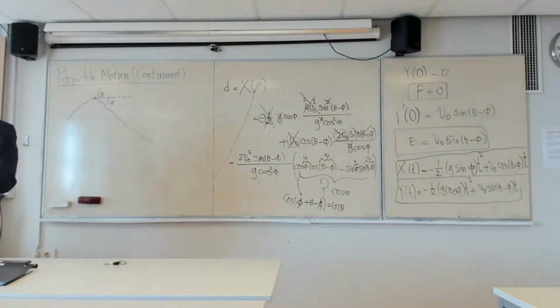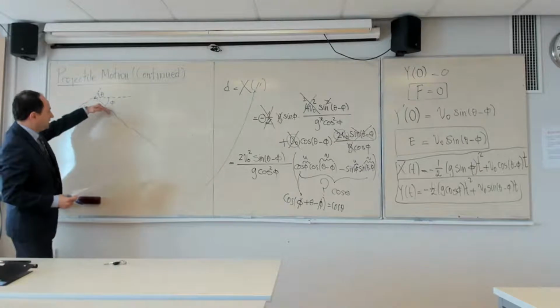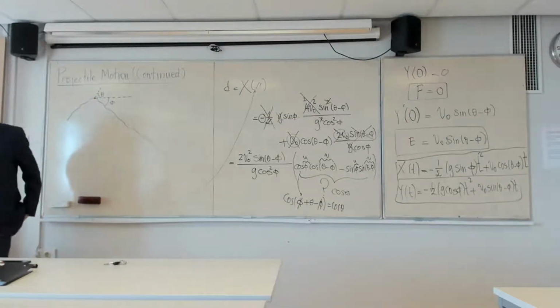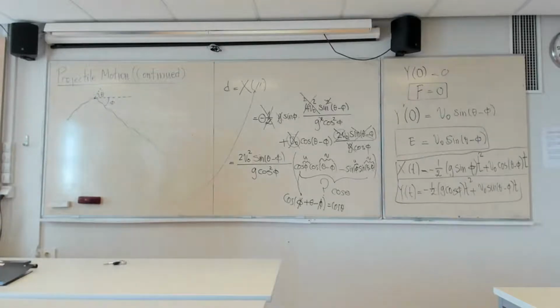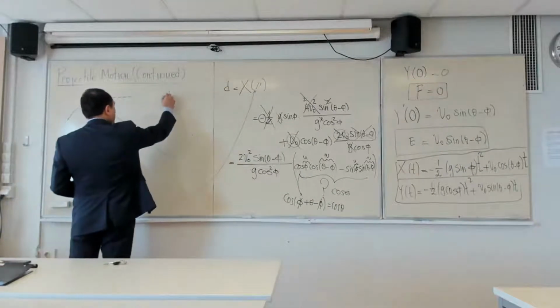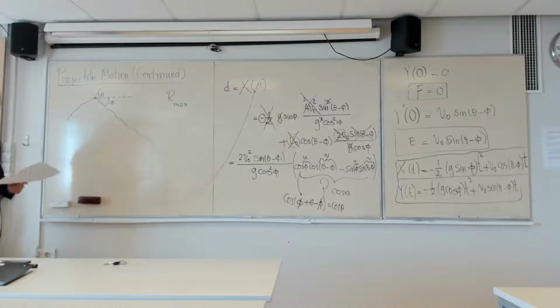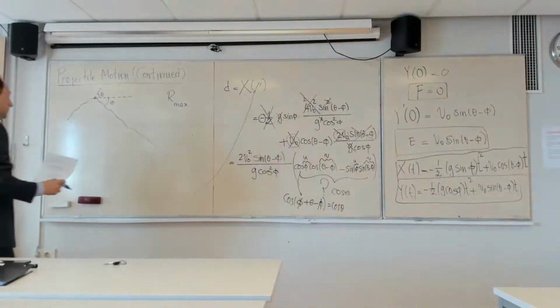So an athlete stands at the peak of a hill that slopes downward uniformly at angle phi, as in the following figure. That's a bit exaggerated to make it real, but you can model it with a straight line, yes? Show that the maximum range, or R max as they call it in the problem, that the athlete can achieve on the hill is given by this formula.